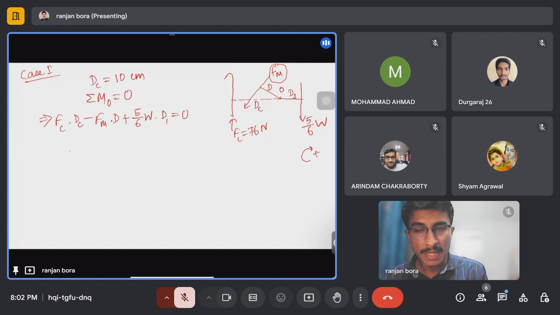Is this equation clear? Okay. From here we will calculate Fm.